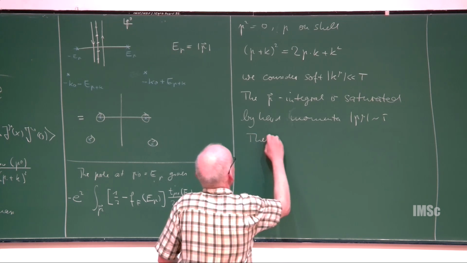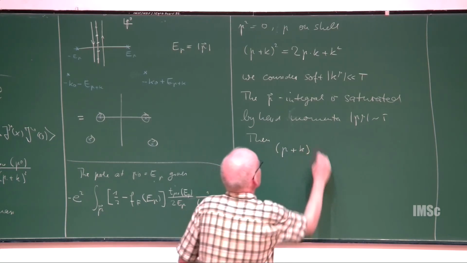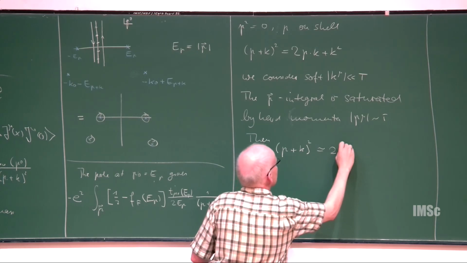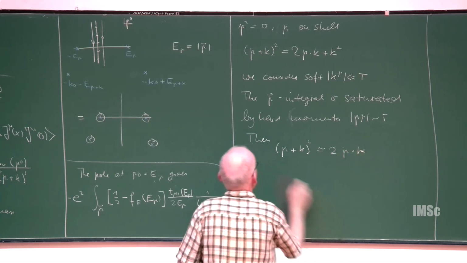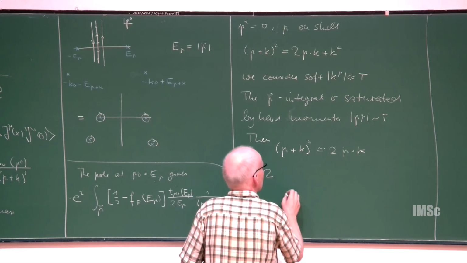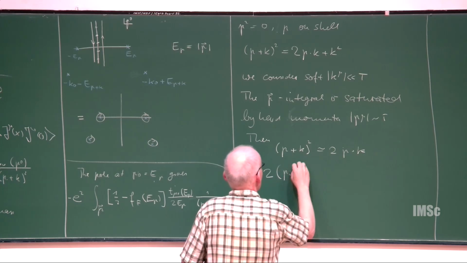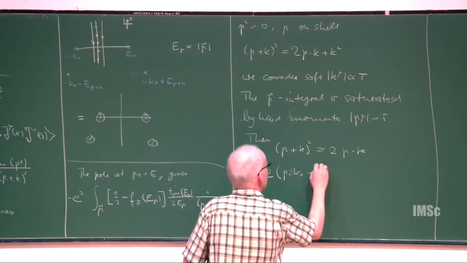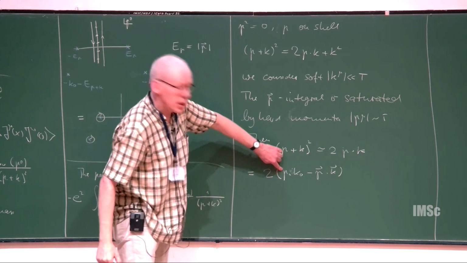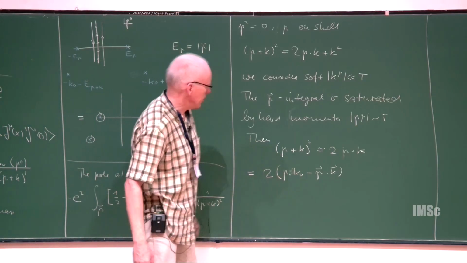Then this whole expression, 2 p dot k plus k squared, is approximately 2 p dot k, which we can write out. It's 2 times p naught k naught minus p spatial dot k spatial. The p naught, we said, is the one particle energy E_p, which is also the length of this vector.